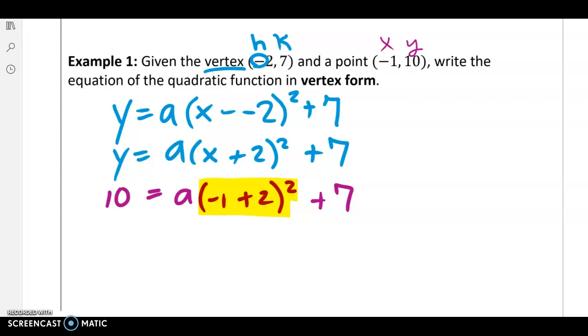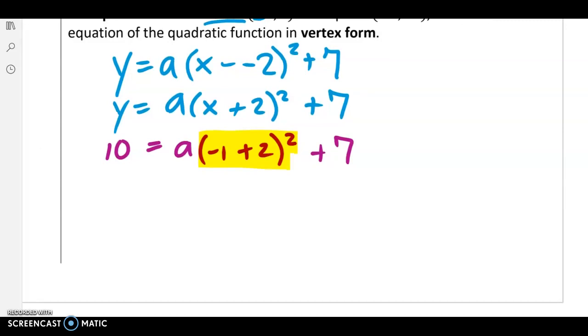Keep in mind, do not add the 7 to it yet, but you can find out what -1 plus 2 is. I'm going to show it all by hand, but you can type that whole thing in the calculator if you wish. So -1 plus 2 is 1. 1 squared, which means 1 times 1, is also 1.